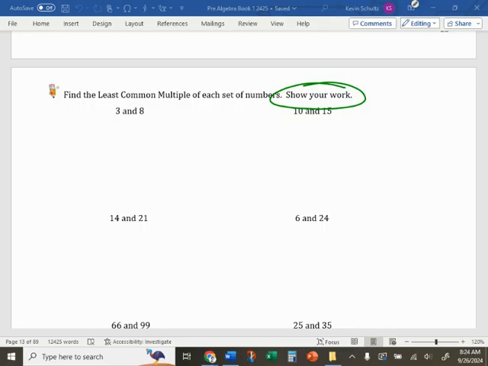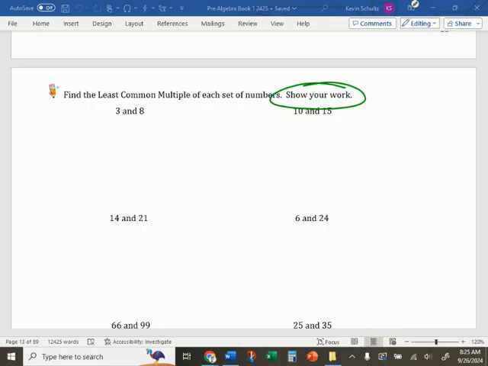Ava. Can you do it for the table method? Can you just divide it by 1 if there's nothing? So for 3 and 8, if you're using the table method and you realize there's nothing that can go into 3 and then go into 8, I'm done. So it's just 3 times 8.